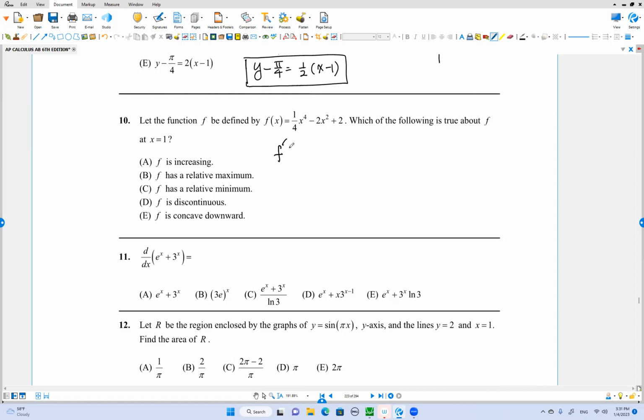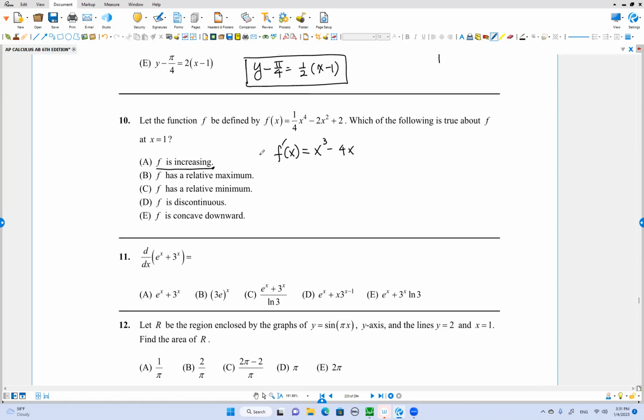F prime of x: this 4 moves to the front, 1 x cubed, and minus 4x, that's it. That's the first derivative.